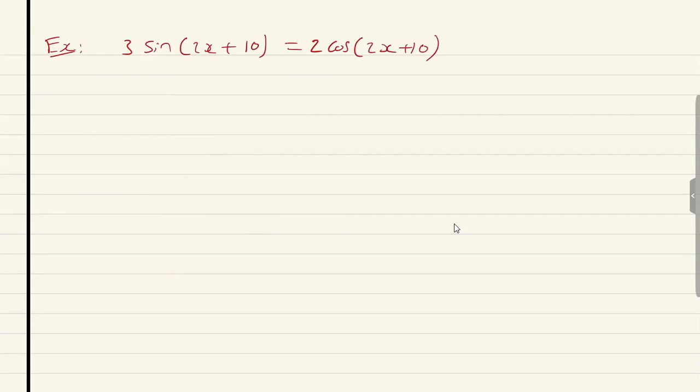So coefficients are different, angles are the same. Angles don't have to be just x or 2x. Angles are the same. To solve this question, there is no common factor. Guys, can you see? There is no common factor. You will divide each side by cosine 2x plus 10.